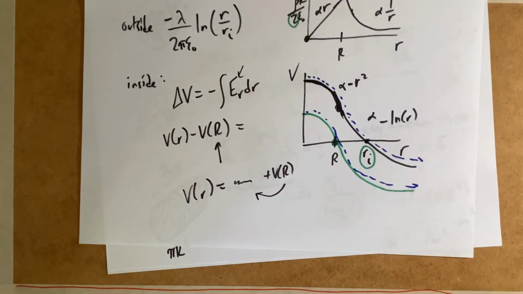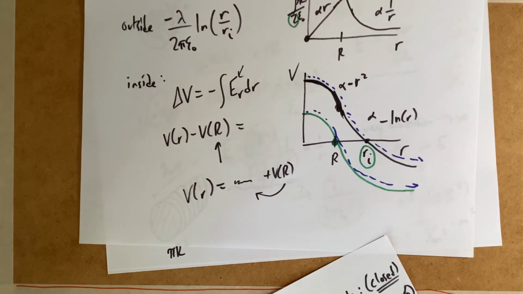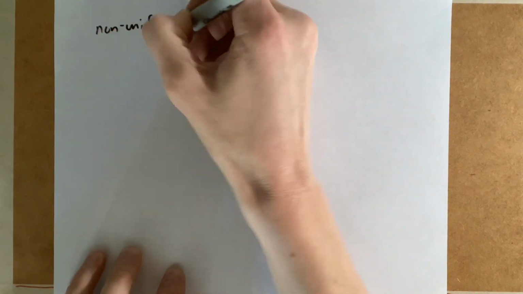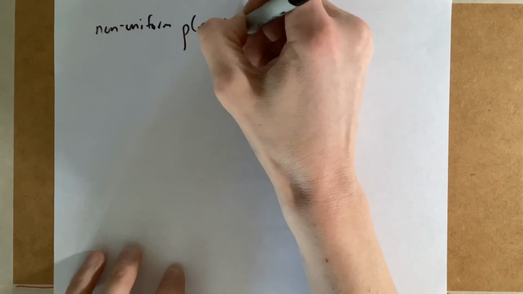And then just to finish it off here, let me do a recap of what you would do and talk about the non-uniform version. The non-uniform version, again, can only be a function of r only.